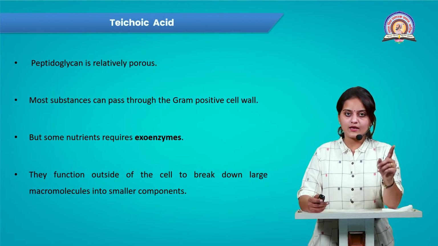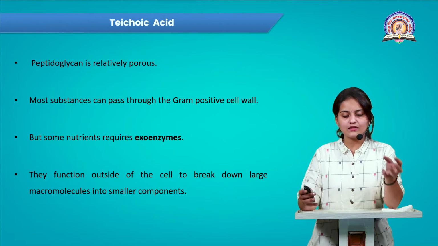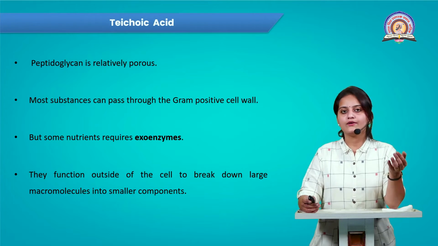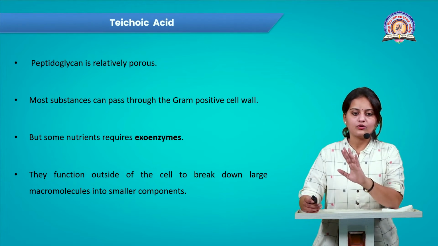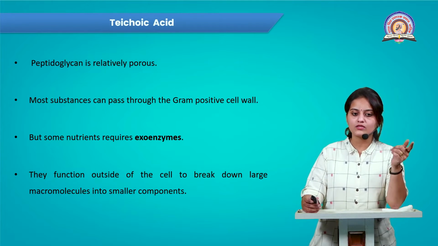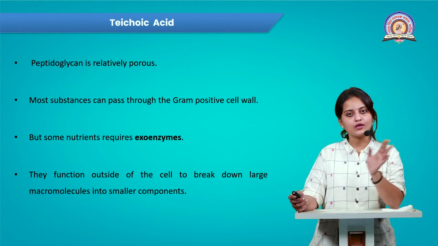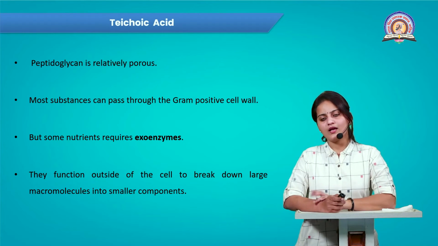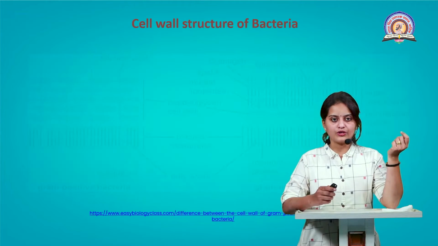Through that enzyme, the cleavage of that larger molecule takes place, and as soon as it converts into a smaller molecule, it easily passes through the mesh-like structure of the peptidoglycan. The exoenzymes function outside of the cell and break down the large molecule into a smaller form, and then the peptidoglycan allows the passing of that smaller molecule.